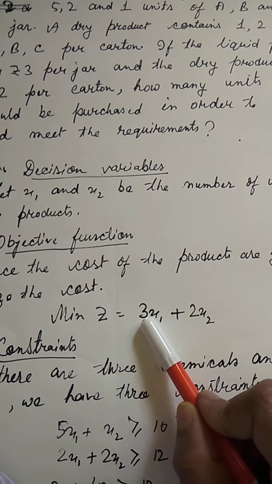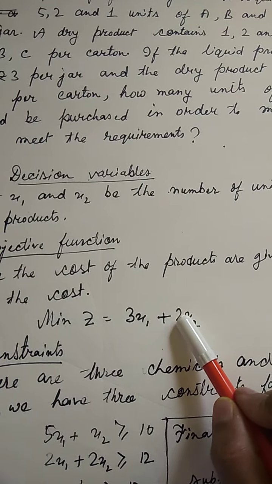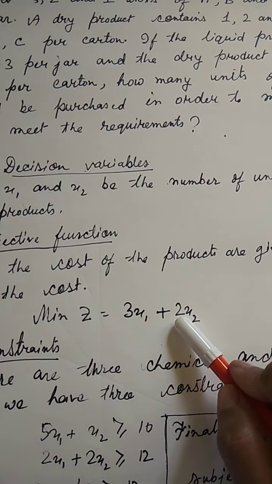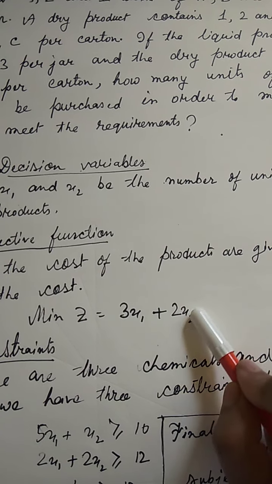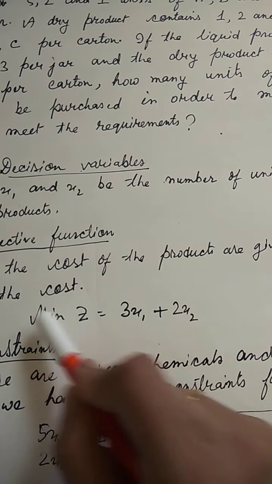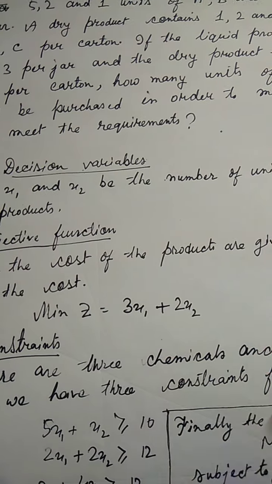So, it becomes the cost for the person, and similarly 2 per carton was given, so the total number of cartons that the person will be purchasing will cost him 2 into x2. So, the objective would be to minimize this particular cost function.